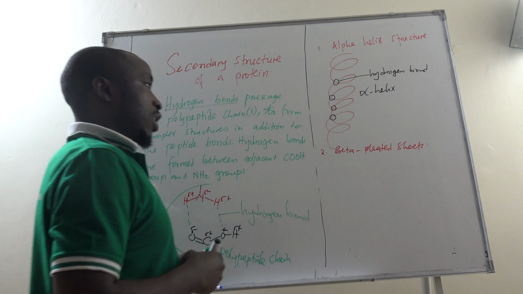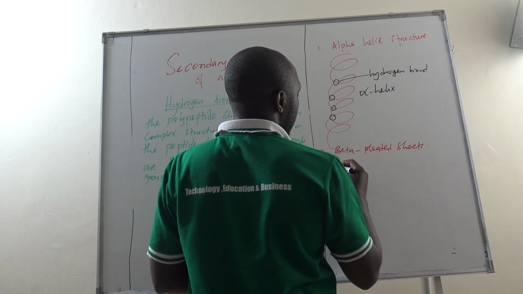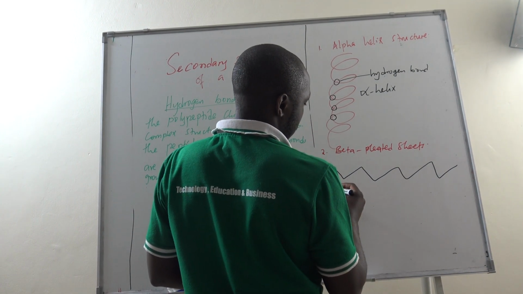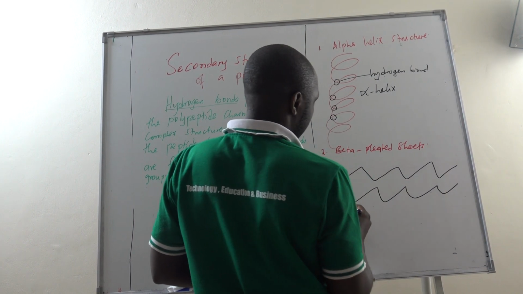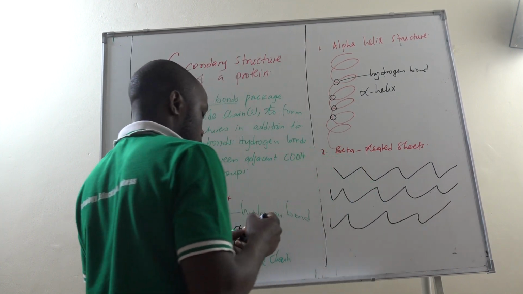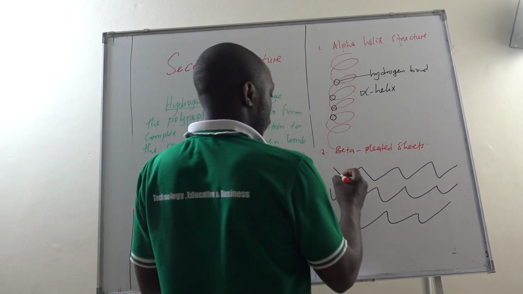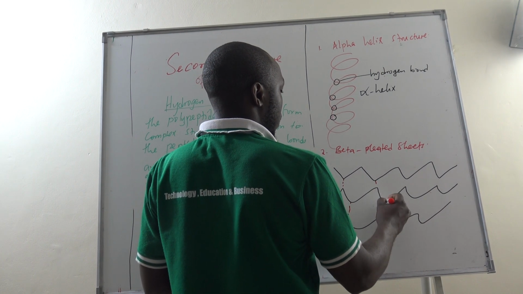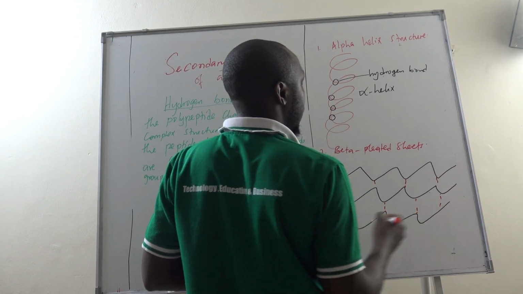In this structure, hydrogen bonds come in to join various polypeptide chains together to form what you are naming as beta pleated sheets. So you find something like that. Hydrogen bonds everywhere, uniting several polypeptide chains.